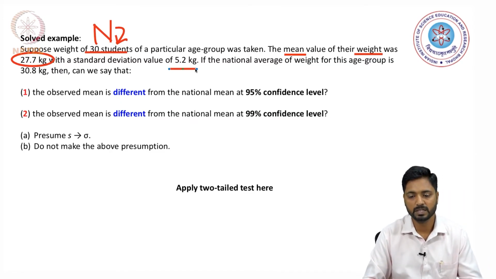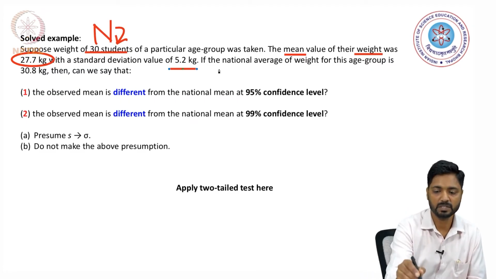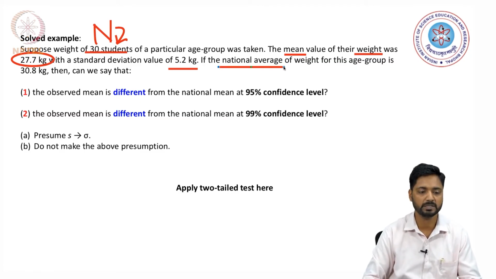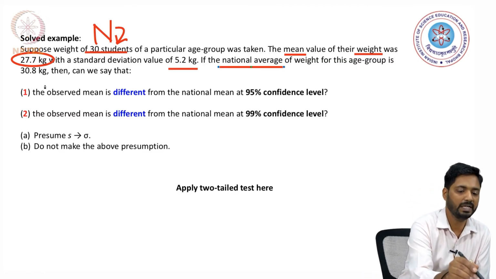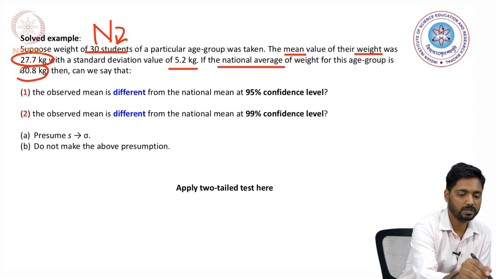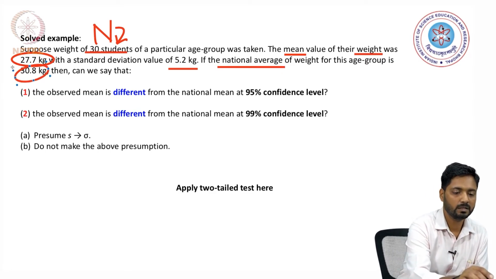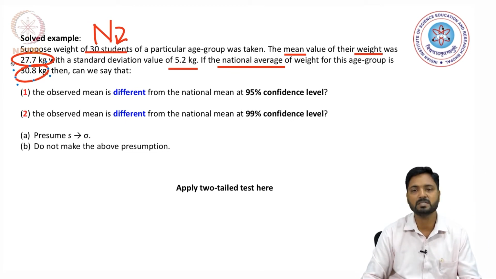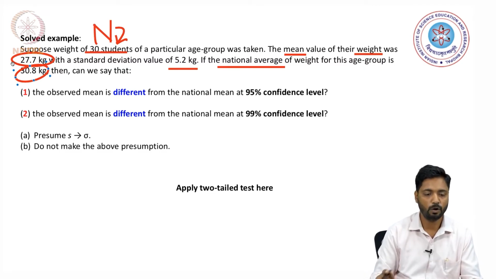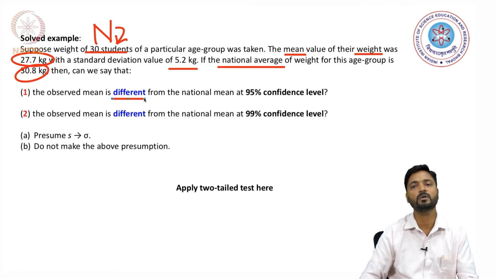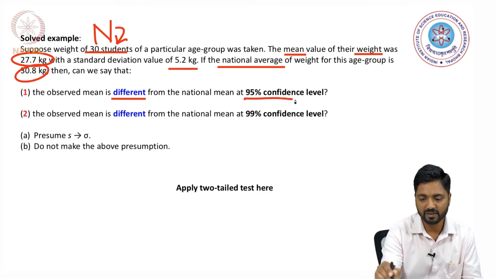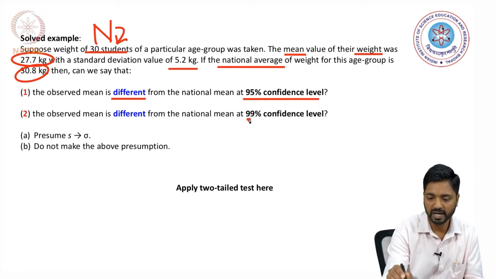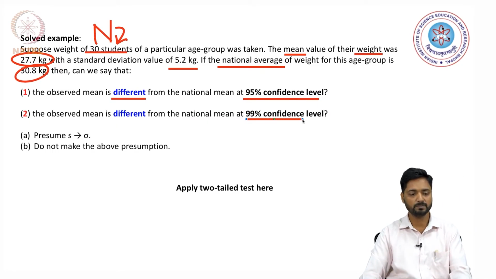There is a national average available to us from previous studies, and this tells us that for this age group the weight of the student should have been 30.8 kgs. Now, under these circumstances, can we say that the observed mean is different from the national mean at 95% confidence level, or in part 2 at 99% confidence level?